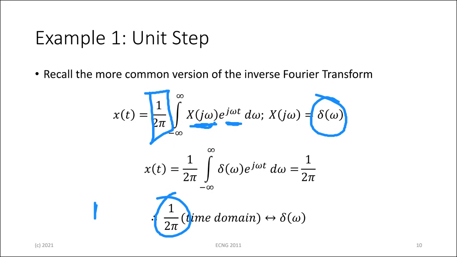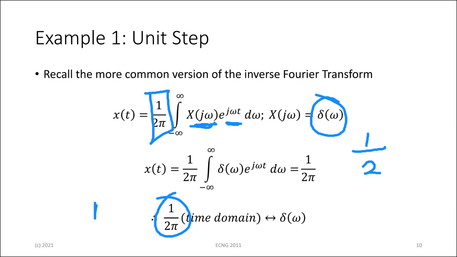So the inverse of an impulse in frequency is like a 1 over 2 pi in time. Just a straight number, right? A constant in time. So therefore, you remember we wanted to find what is the Fourier transform of a half.